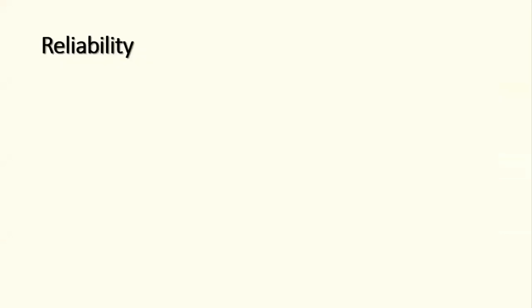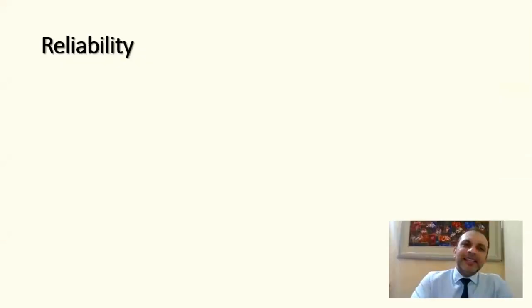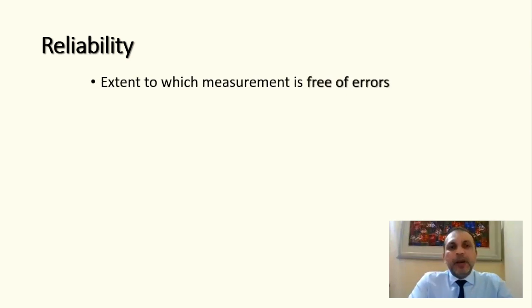Now let us come to the second level of psychometric indices. We talk of reliability now. We discussed descriptive statistics, very easy, very basic. Everybody can do these. Now come to reliability. Reliability is described as the extent to which your assessment scores are free of errors.